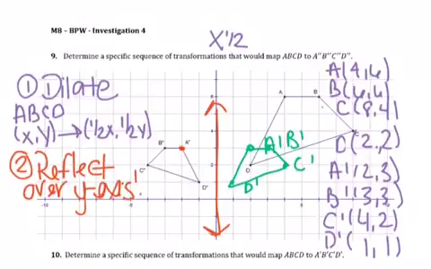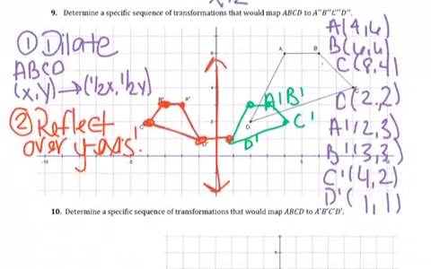A is 2 away, so A double prime is going to be 2 away. D prime is 1 away, so D double prime is also going to be 1. B is 3 away, so we're going to go 3 past. And C is 4 away, so C double prime is also going to be 4 in the opposite direction.